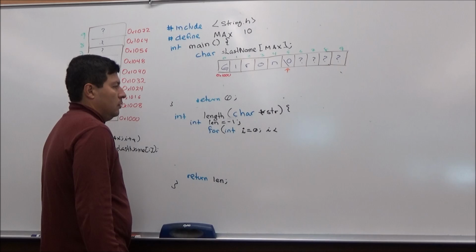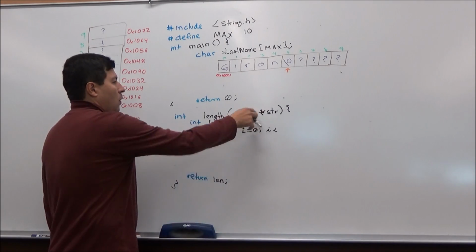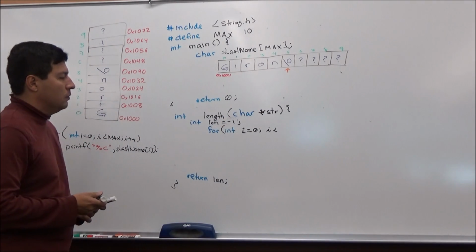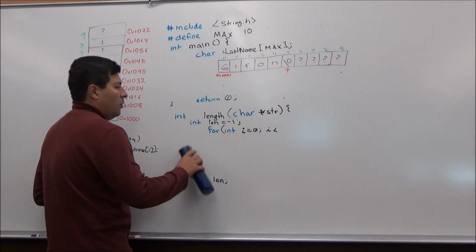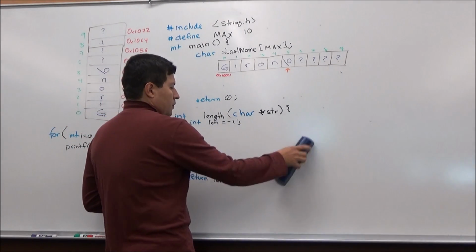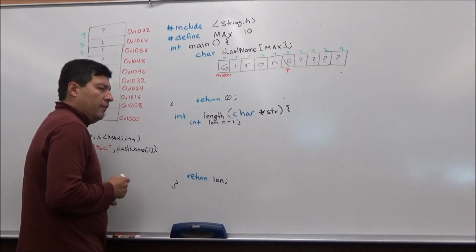Less than what? I don't know how long that is. Maybe I couldn't. Maybe I shouldn't use a for loop then. Let's just use a while loop. So I can use that sentinel value.